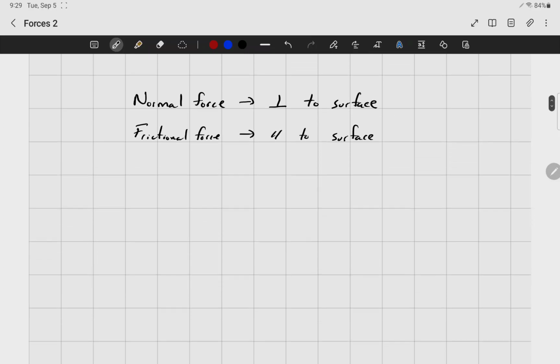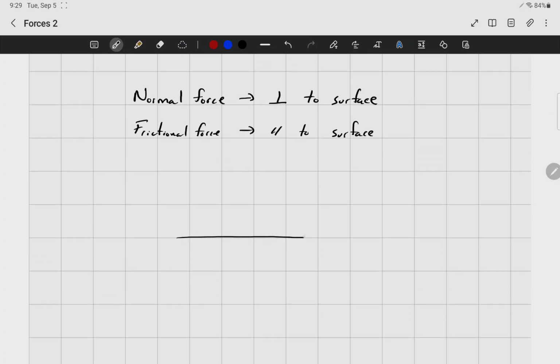So if I had, for instance, some box here on my flat surface, then there might be a force perpendicular, which is the normal force, and there might be, if there was some applied force in this direction, some frictional force here that was in the opposite direction.